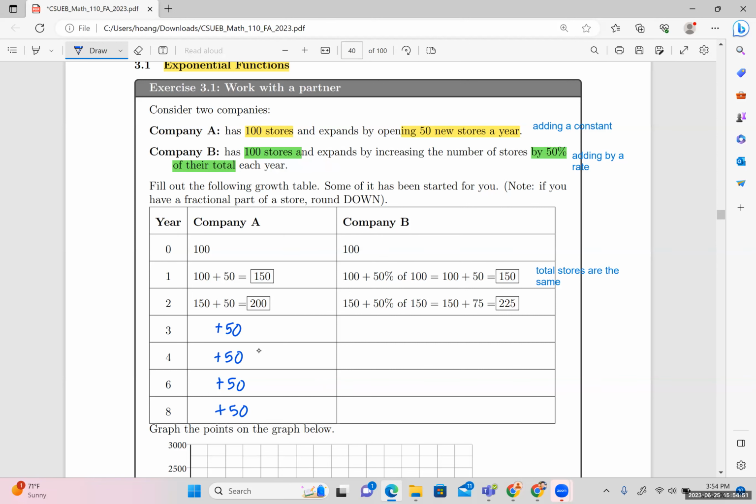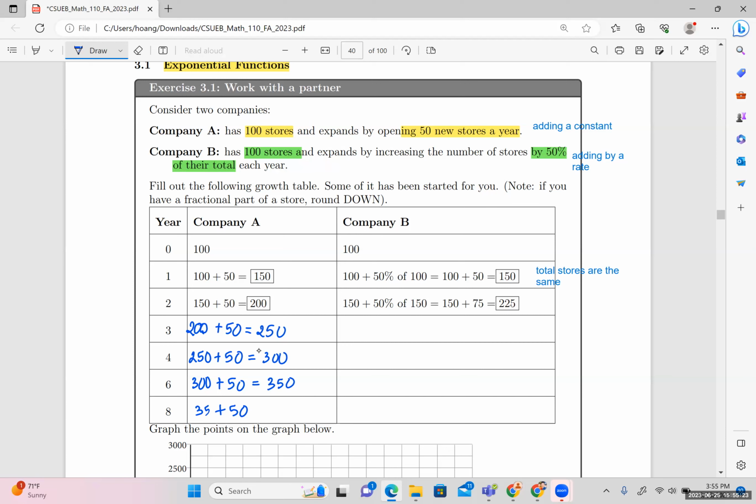Okay, so the number of stores in company A in year 3 is gonna be 200 adding 50, it's gonna be 250, and then using 250, adding 50, will be 300, and then 300 adding 50 will be 350, right?